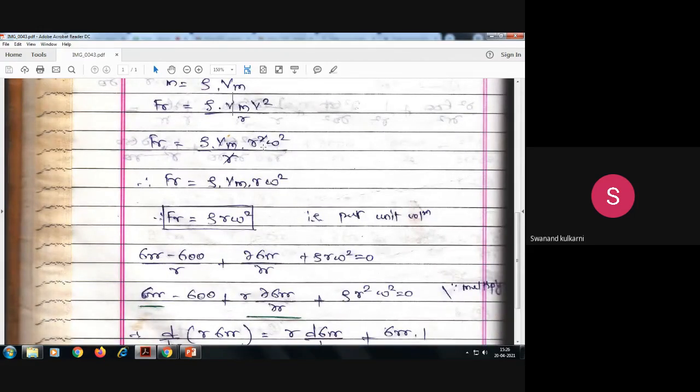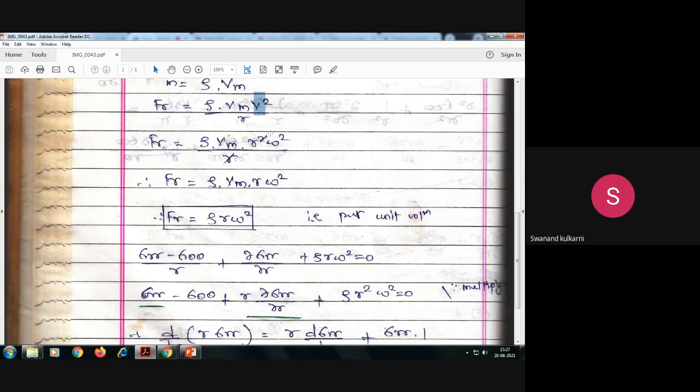Now V is the linear velocity, and we know that V is equal to r omega. From your 12th science, we are already familiar with this concept that V is equal to r omega. So V is replaced by r and omega here.